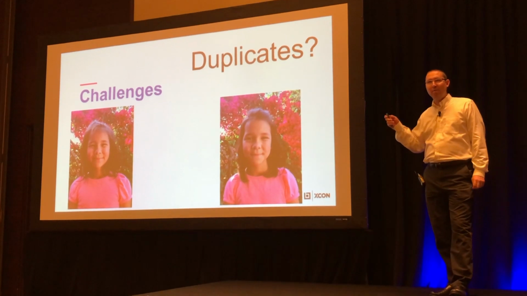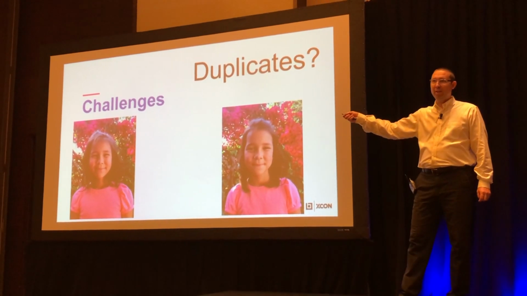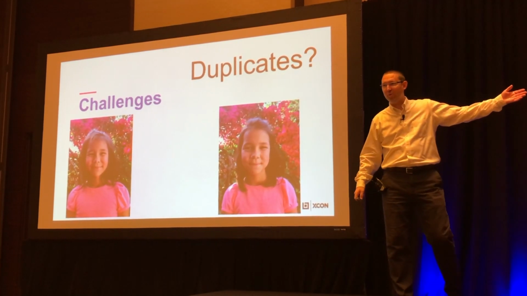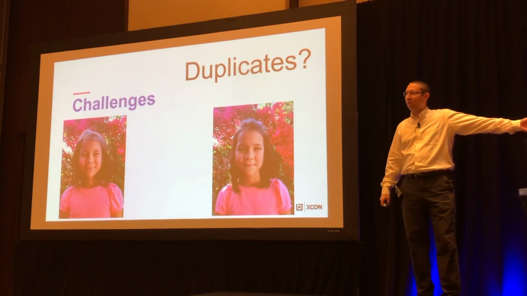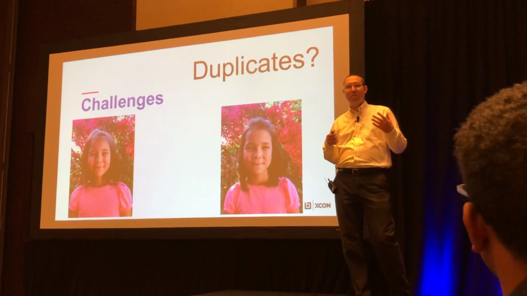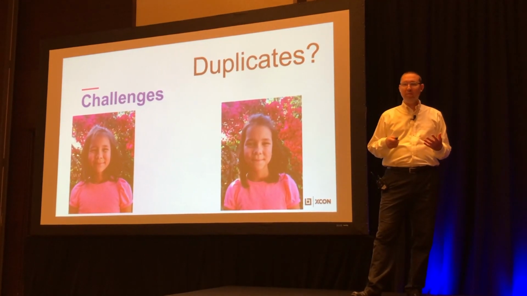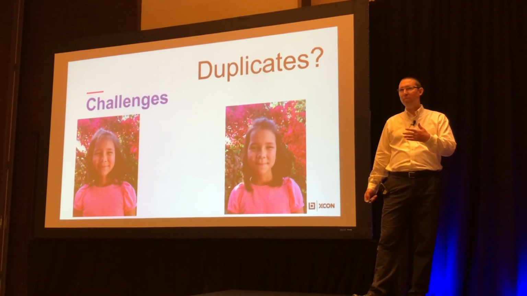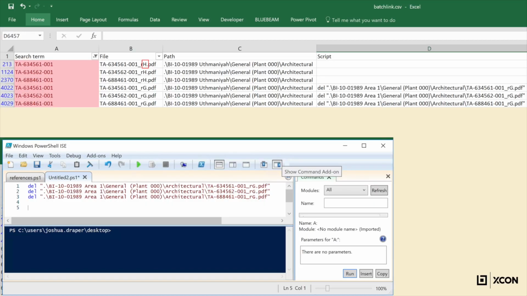Actually, on the right is Mary, and on the left, her twin sister Myra. If I call them the wrong name, they let me know. Similarly, when I get drawings from engineers, I get drawings that look like duplicates, but maybe not.